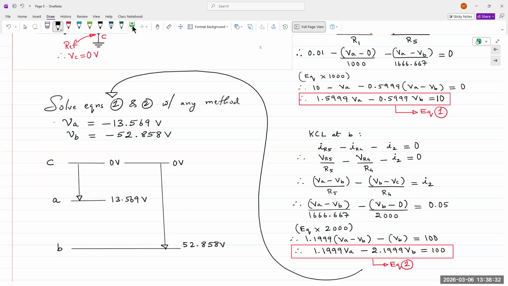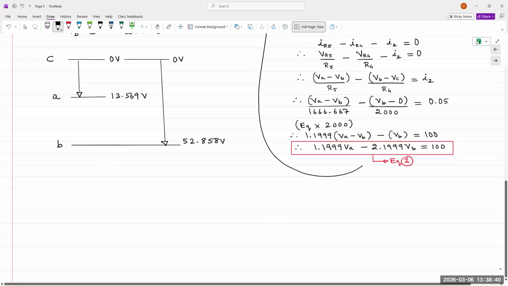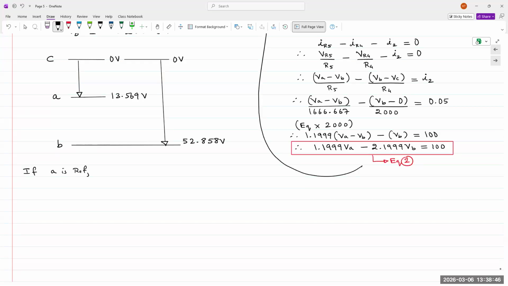If you chose A as your reference, then A would be 0. So I'm going to write it down below, right here. If A is reference, then VA is 0 volts. VC would be plus 13.569 volts.